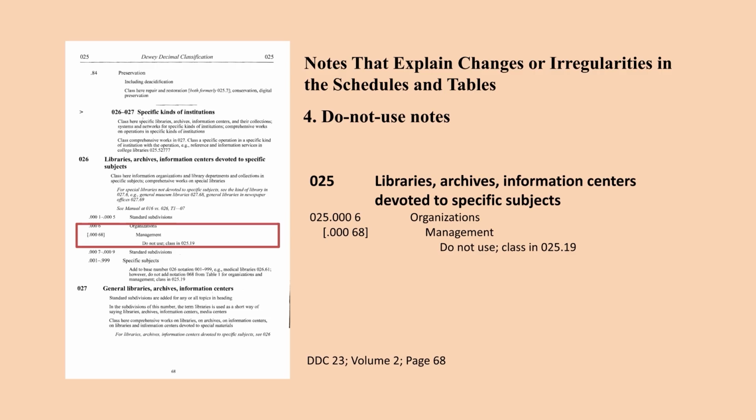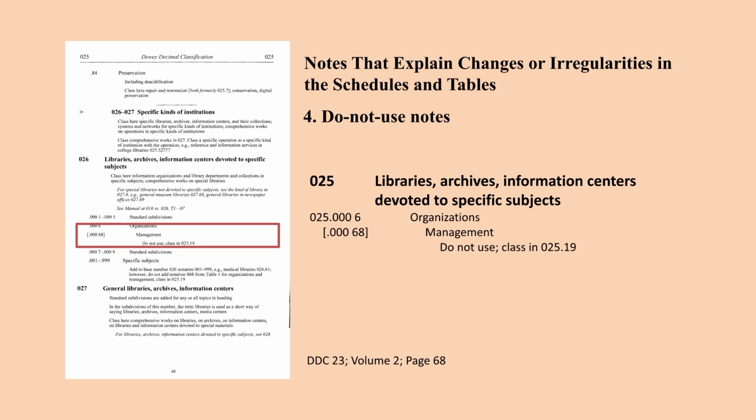As we know that under third bracket, we should not use that particular number. And again, there is a note, do not use class in 025.19. And again, you can experience that the management of libraries, archives, and information center devoted to a specific subject has been reallocated to a broader number.